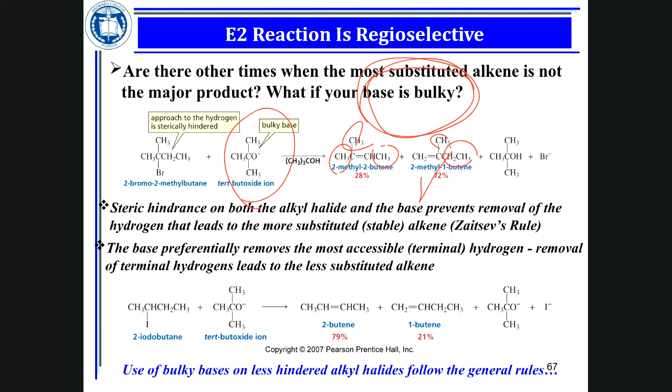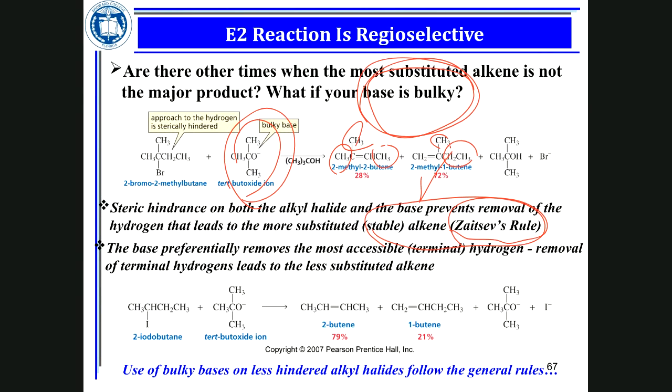This type of product is known as the Zaitsev product if you end up with the most stable, most substituted alkene. If you bring a bulky base to remove the least hindered hydrogen, that is going to be the anti-Zaitsev product, and it's called the Hofmann product.